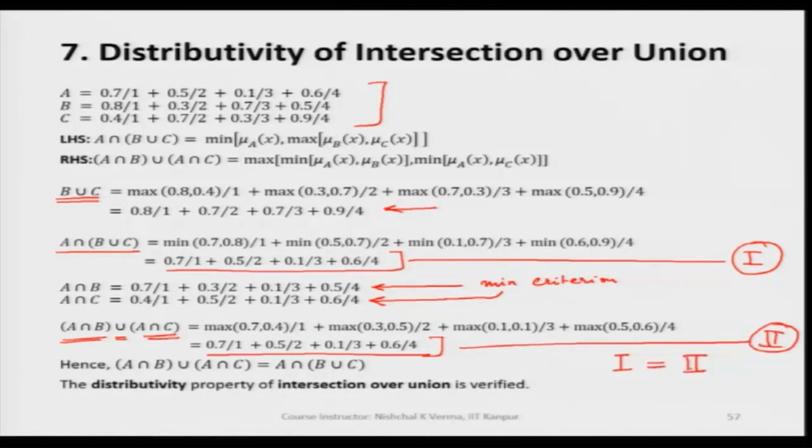In other words, the union of A intersection B and A intersection C is equal to the intersection of A and B union C. So, we can clearly see that the distributivity property of intersection over union is verified.